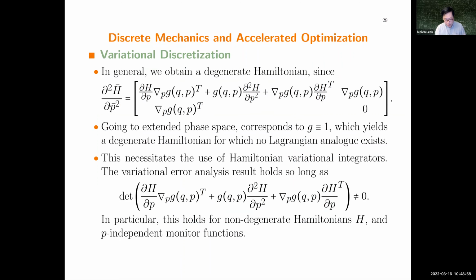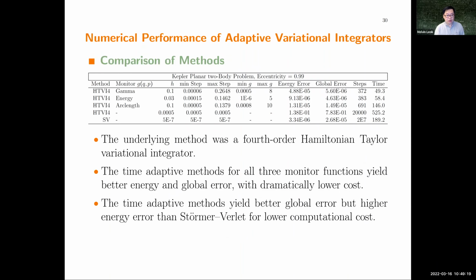In the interest of time, let's skip some of the details, but let me just say at a high level that if you assume that the original problem is non-degenerate, then you can construct a numerical integrator which has nice properties as well. This gives you a way of constructing time-adaptive variational integrators, and this is just applied to the Kepler two-body problem with different types of monitor functions, and these monitor functions choose the time step for you.